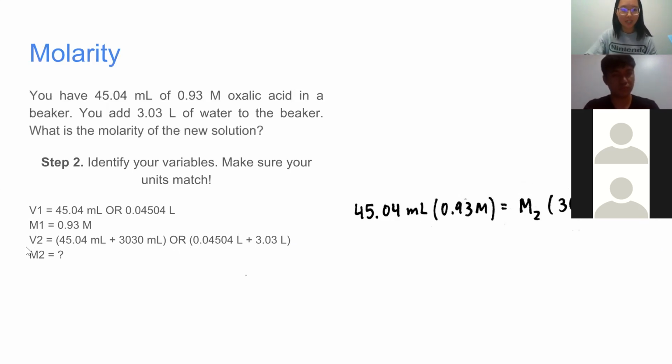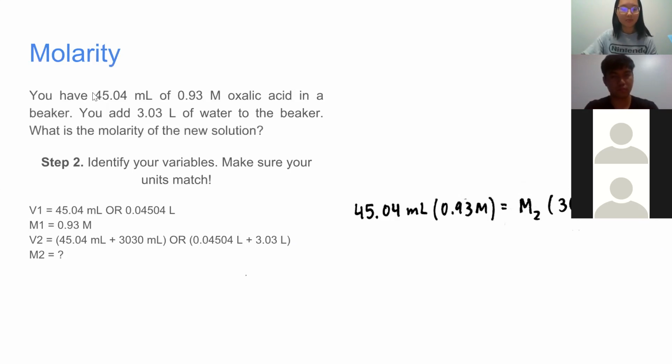And then the second tricky thing about this problem is figuring out what V2 is. In this case, V2 will not be 3.03 liters of water because our new volume is the total volume of whatever we added to this giant beaker.